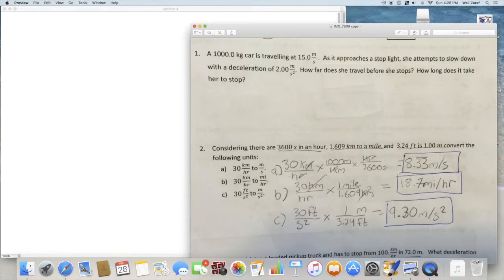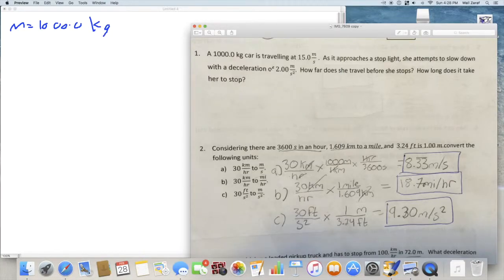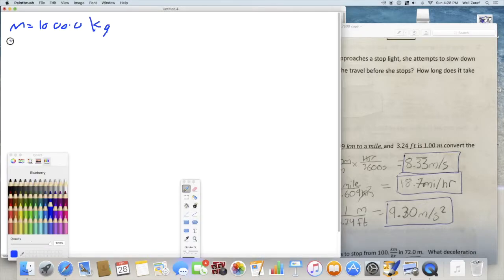Now my second technique is to write down everything we're given. First of all, we're given mass. So I'll pick a color for this, blue. Mass is 1,000.0 kilograms. We're given the initial velocity at 15.0 meters per second.